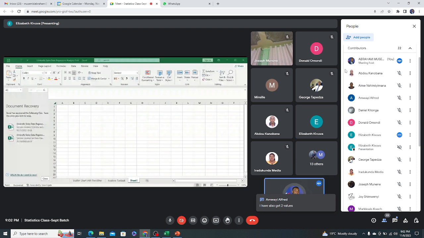Okay, I can see Mani Alfred have gotten two values. Nice. Can you also confirm if they are the values which we got while using the other method? I can't see your screen. Maybe you are sharing the wrong screen.